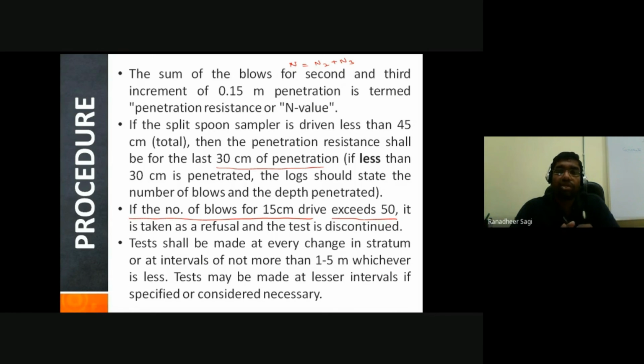We refuse to continue the SPT test on that soil, where the number of blows required for 15 centimeters depth of penetration is more than 50. So we stop the test and say that at that particular depth the SPT test cannot be conducted.